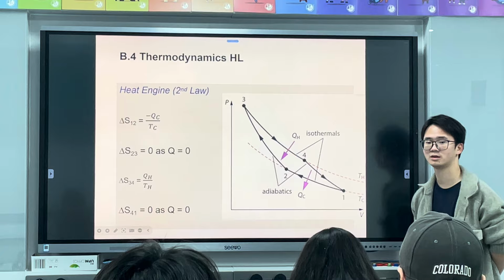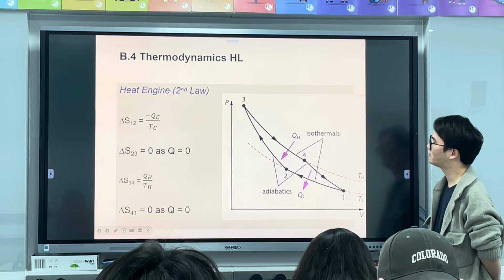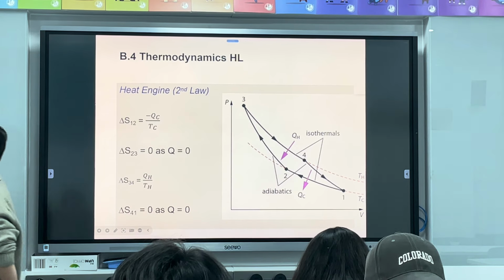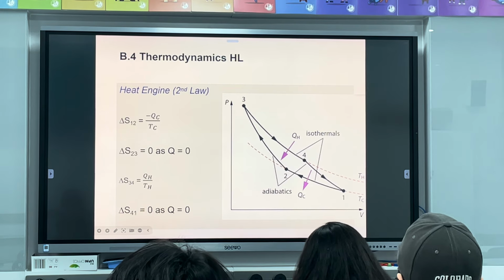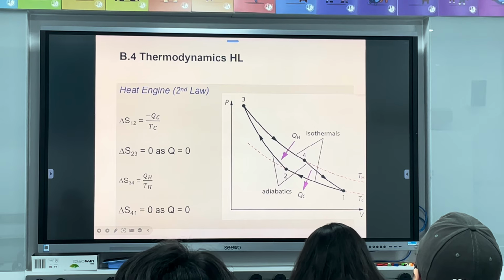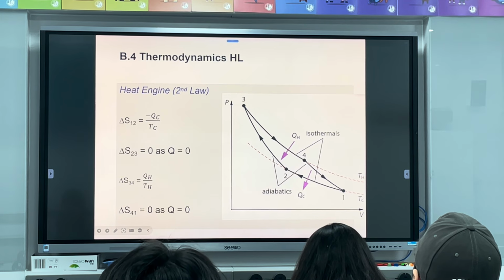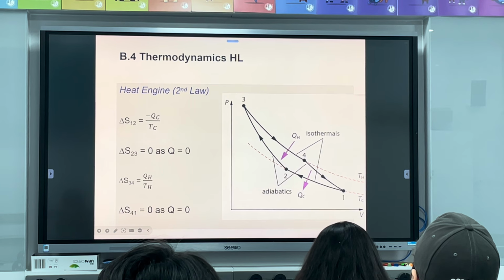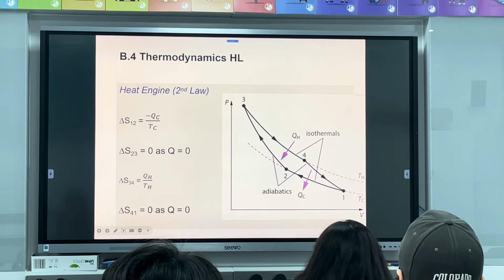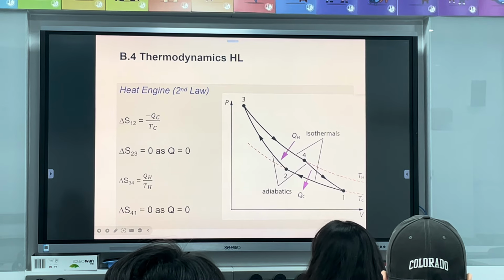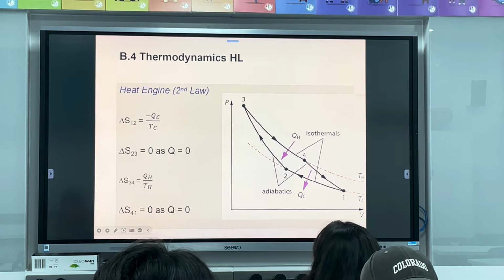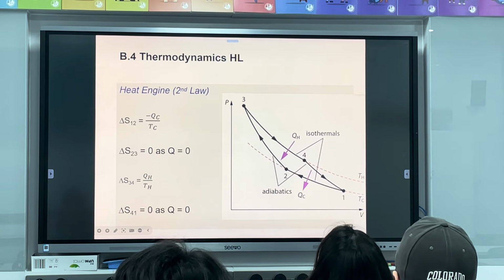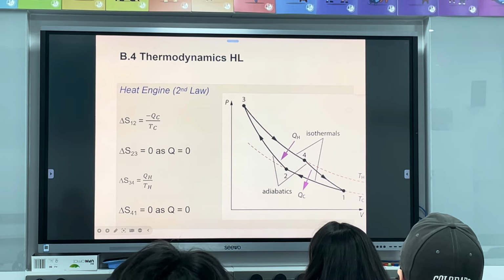Questions? Okay, now for this Carnot cycle, there are many factors indicating that this is an idealized situation. In real life, we probably cannot get these. What are the possible indications that it's an idealized situation? The processes are slow enough for the isothermal and adiabatic, which is hard to achieve in real life, and reversible.